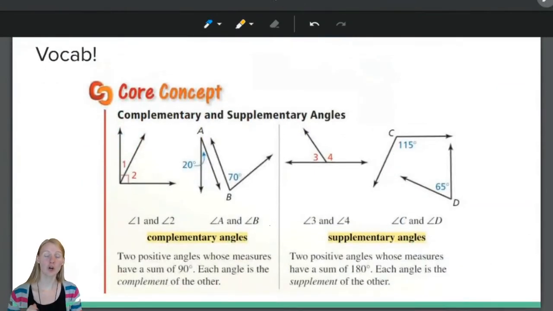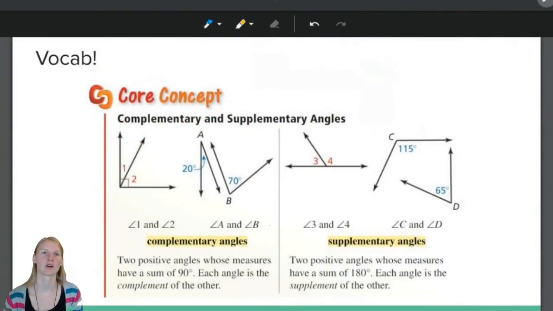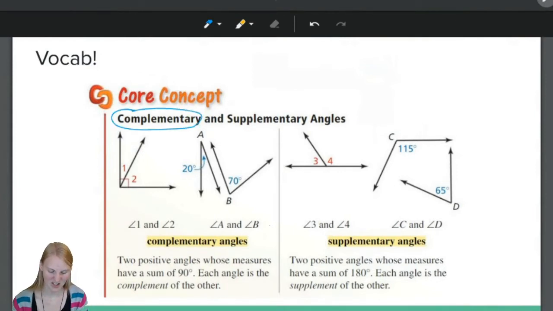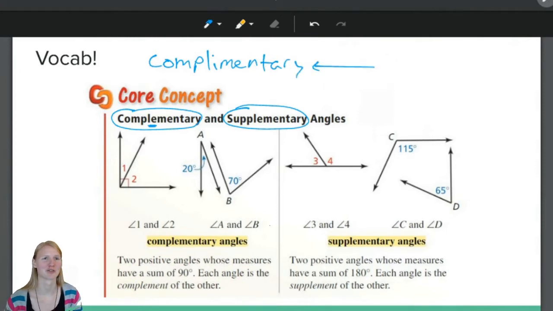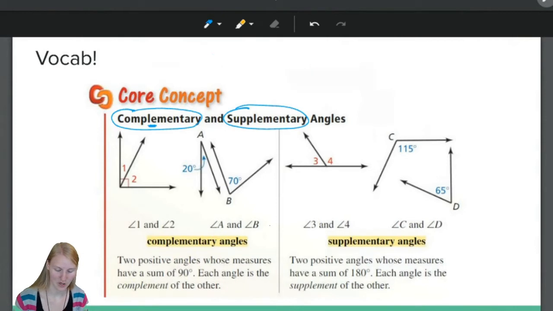Here are the first important angle pairs you're going to see: complementary and supplementary angles. Now notice how this complementary is with an E. It's not complimentary, which is when someone tells you your shoes look nice. These types of angles, complementary, mean something completely different.